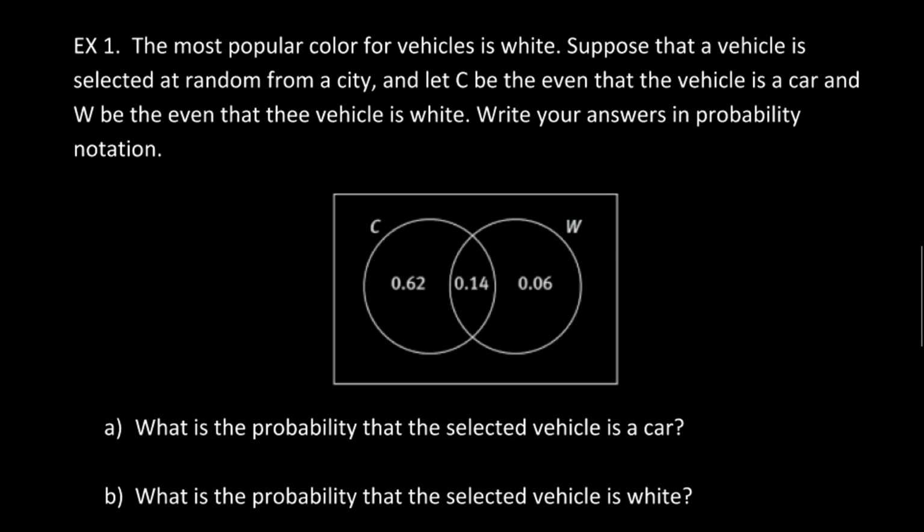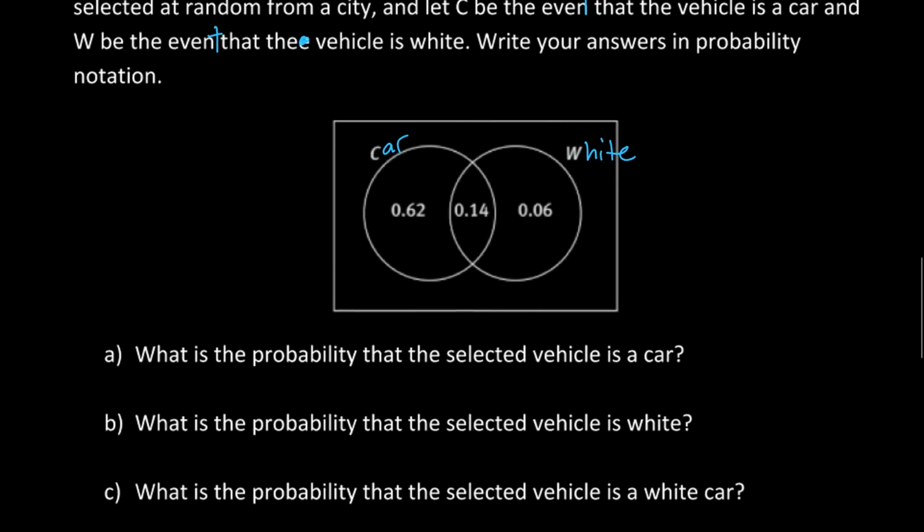Suppose that a vehicle is selected at random from a city, and let C be the event, there should be a T there, the event that the vehicle is a car. So C stands for car. And W be the event that the vehicle is white. So W stands for white. Write your answer in probability notation.